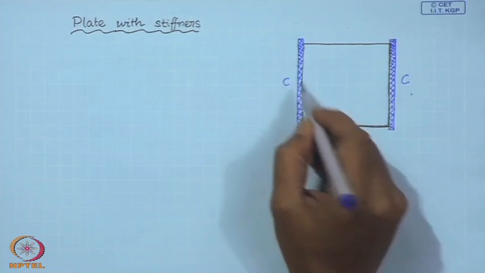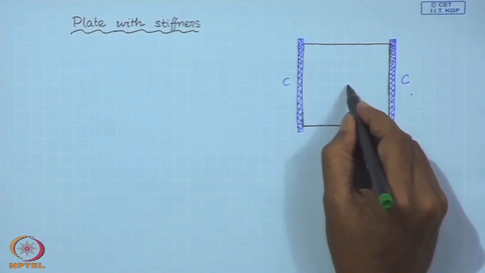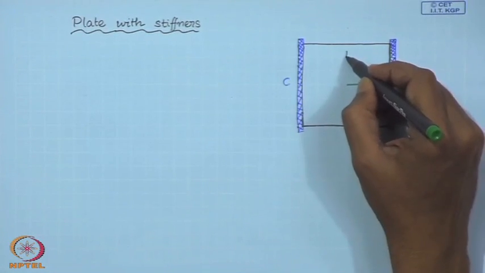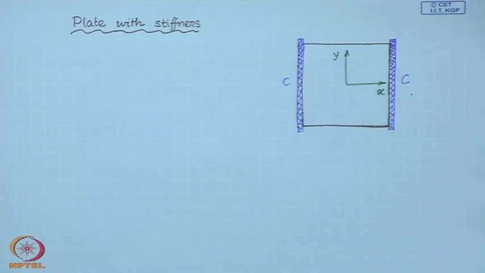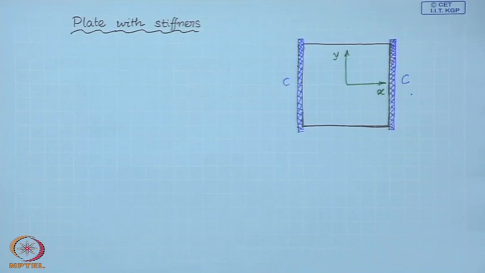So, these two edges are clamped, and the coordinate system is located at the geometric center.